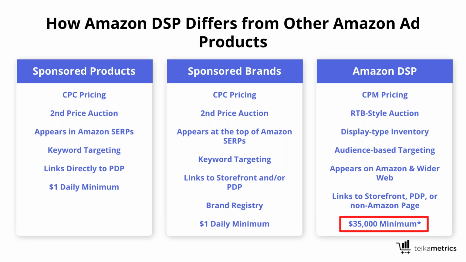Another point I wanted to call out here is Amazon DSP on the Amazon side of things. There is a $35,000 minimum, and there is a reason for that. They've done a lot of testing through other advertisers and really thought that this was the minimum to really see performance and maximize performance. However, we don't have that here at Takeometrics. And one of the reasons is that advertisers come in all shapes and sizes, and their needs are all different.